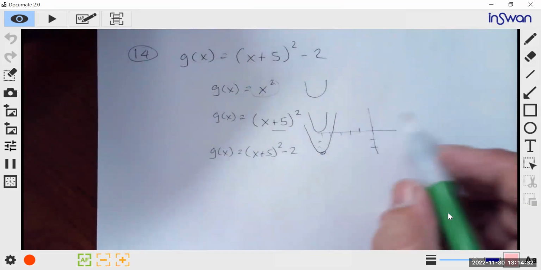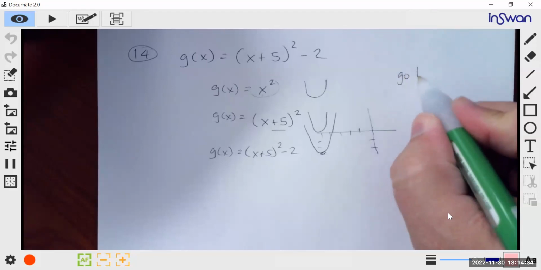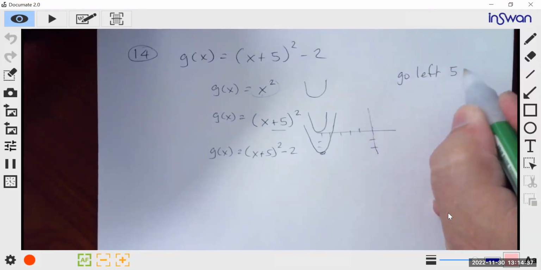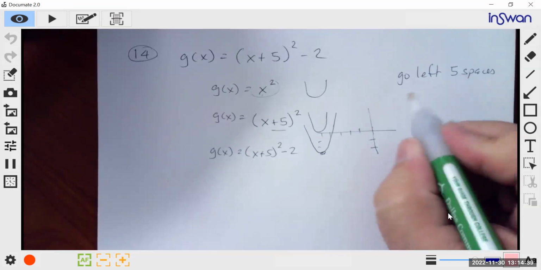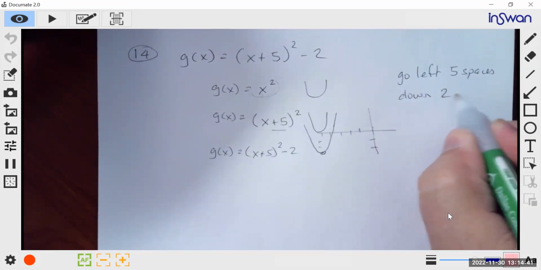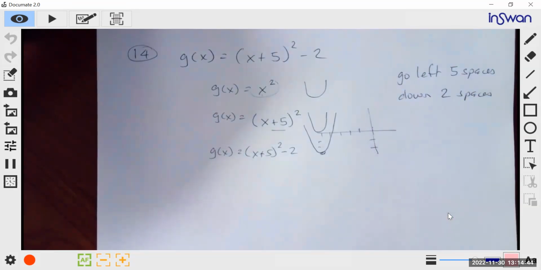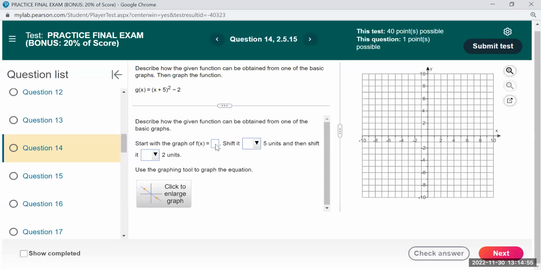So what this one says is you would go left 5 spaces, down 2 spaces. That's the transformation. The basic graph is x squared. You're going to shift it left 5 units and down 2 units.